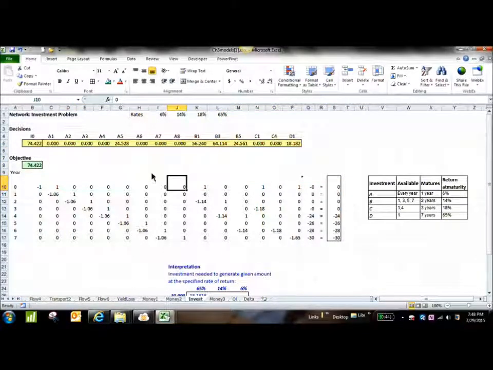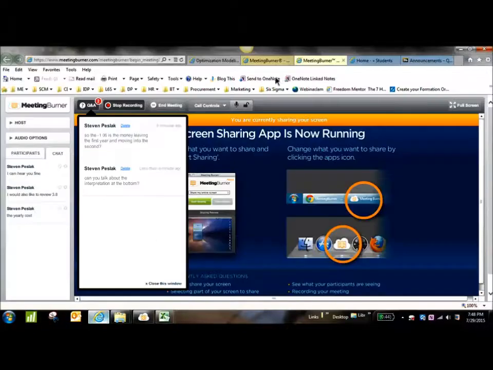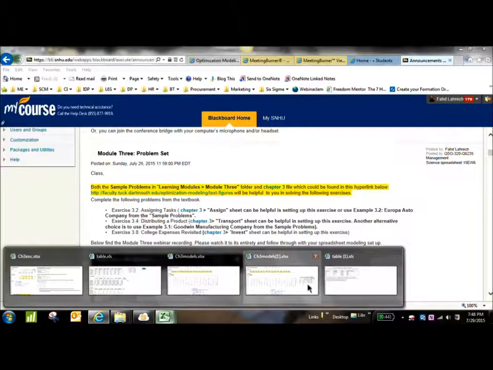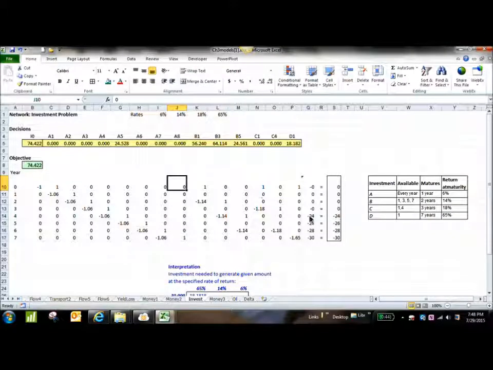So my suggestion for this particular exercise is go to chapter 3 in that link I provided in the announcement page. Once you click this, you can open and go to that sheet called Invest, and all you have to do pretty much is change the rates and change the values here and run Solver.